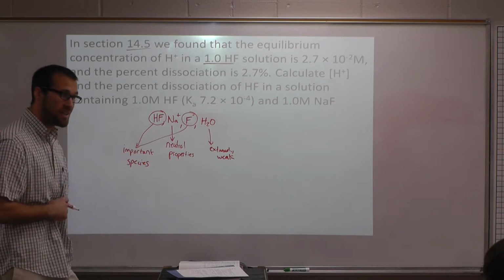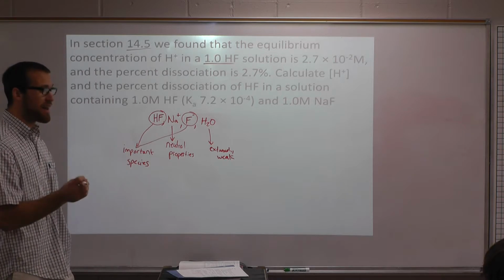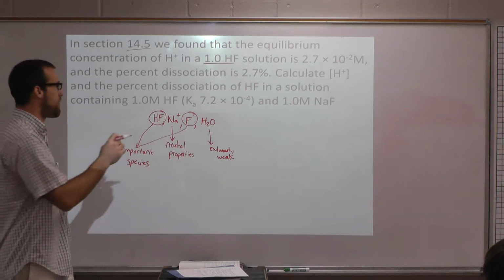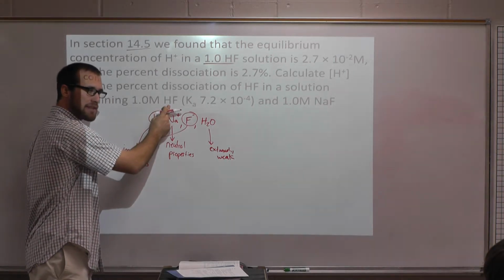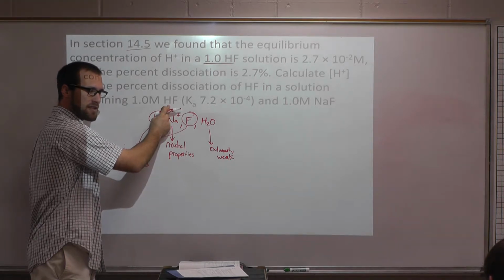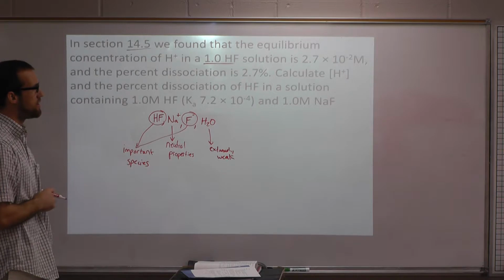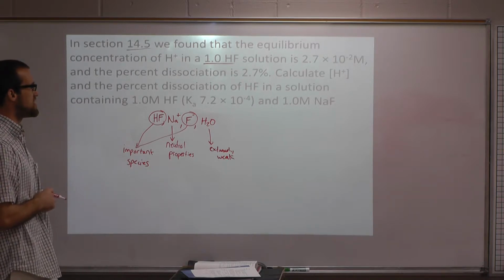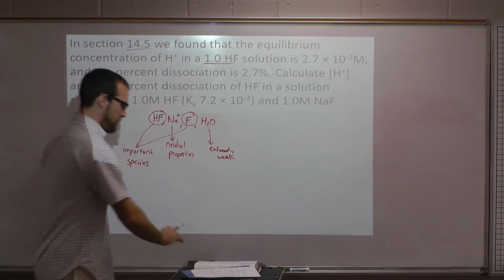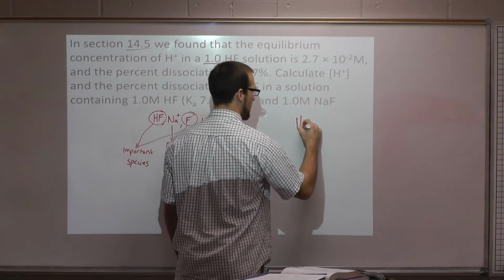Now, usually, it will be a common ion that would be given off from either an acid or a base. Does that make sense? Okay, so we're going to try to figure out the H plus concentration and dissociation of HF. Our reaction would look like this.